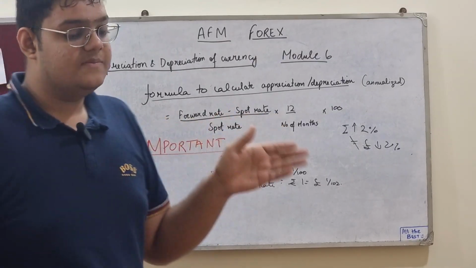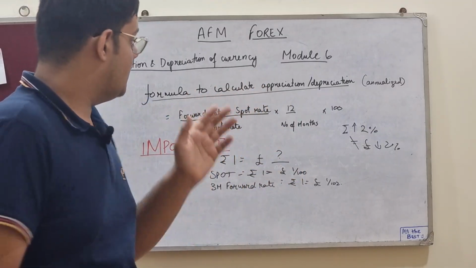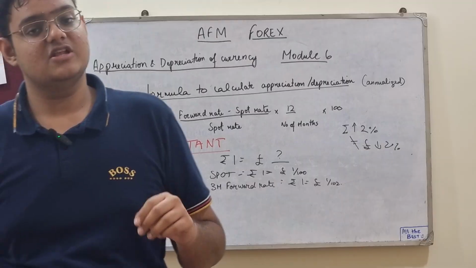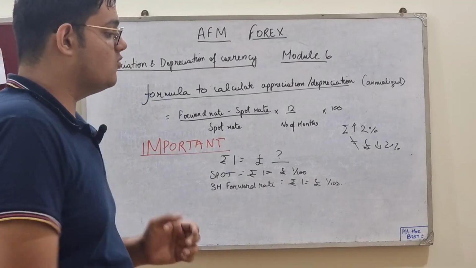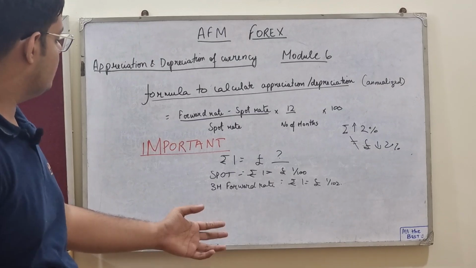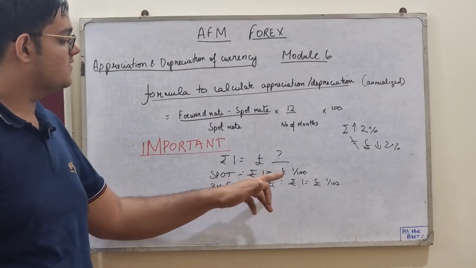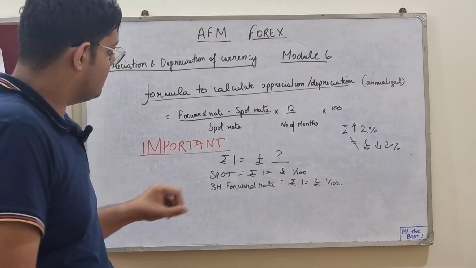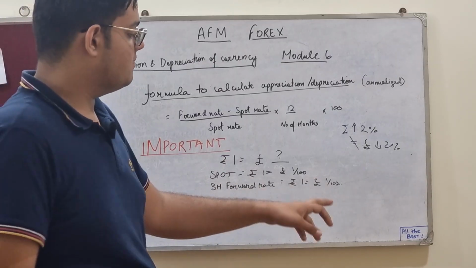That calculates the appreciation rate for pounds. Now, when we need to find the depreciation rate for rupees, we'll have to convert the rupee into the product and the pound into the price. So I've done that here. The spot rate for 1 rupee is 1 by 100 pound, and the 3-month forward rate is 1 rupee is equal to 1 by 102 pound.